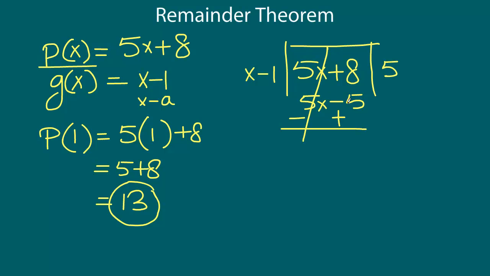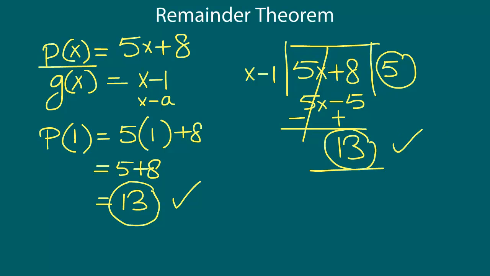So this cancels out. 8 plus 5 is 13. So indeed, we see that this is our quotient and this is the remainder, and the remainder theorem had already pointed out what the remainder would be. So indeed, it works. In the next example, we will take a quadratic polynomial for p(x). Here, this was a linear polynomial. Next, we will take a quadratic polynomial.